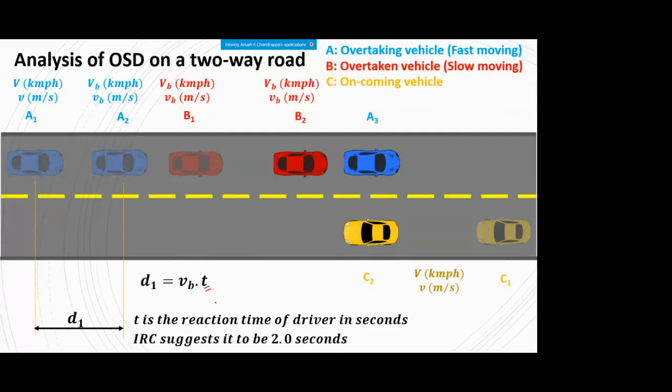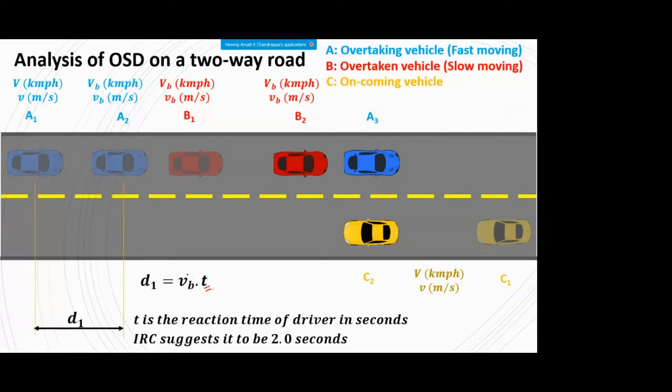That's the psychology of drivers: if they're driving at 80 kmph, they would be reluctant to reduce their speed to 20 kmph and then overtake. Instead of reducing the speed by 60 kmph, they would take the decision instantly whether to overtake or not. In that process the speed also does not decrease that much. That's why the reaction time is taken as 2 seconds.